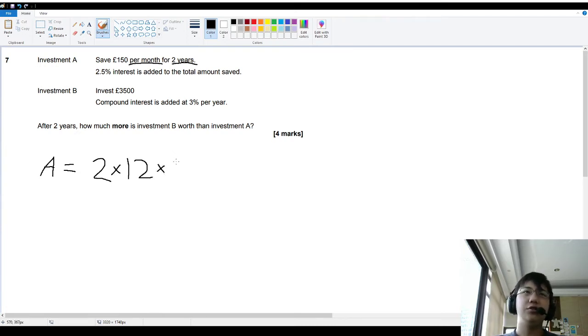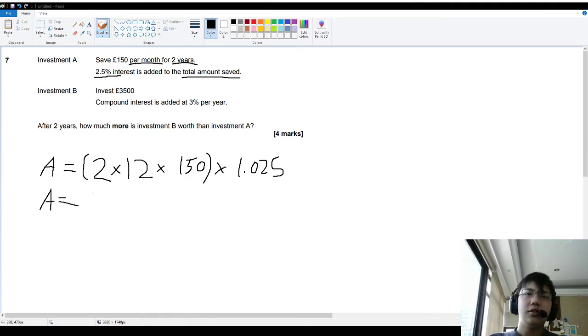And each month you get £150, so times 150. And you can multiply all that by 1.025, which is the 2.5% interest added to the total amount saved. This gives the value of investment A as 3,690 pounds.